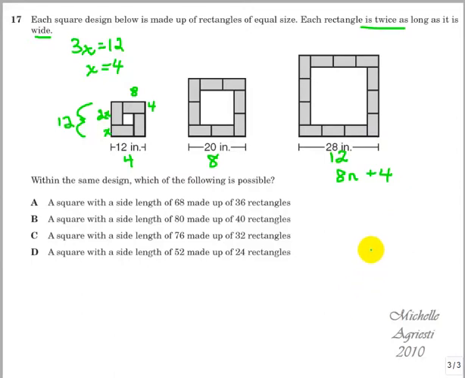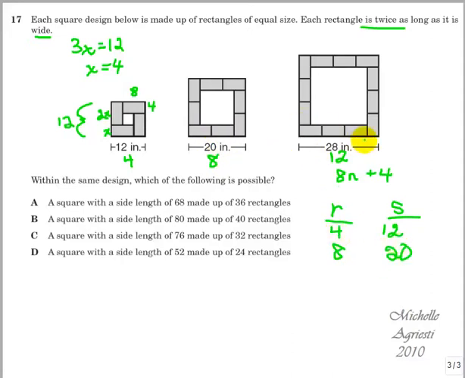All right, I'm just going to make a little chart. We have the number of rectangles, and I'll call that R, and we have the side length, and I'll call that S. With 4 rectangles, I have a side length of 12. With 8 rectangles, I have a side length of 20.